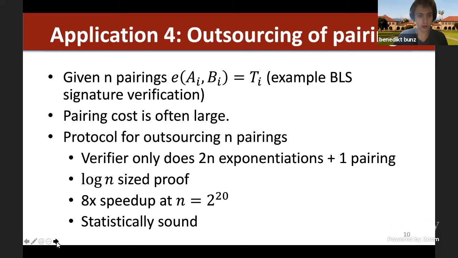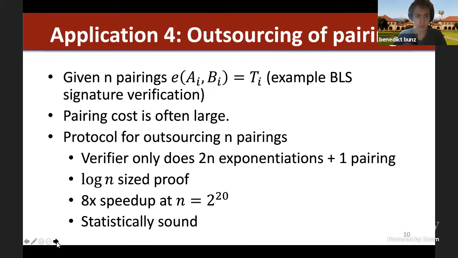So it's a protocol where, say, some verifier has to do n pairings, it can outsource that computation very efficiently to a prover. The verifier still does linear work, but it only does 2n exponentiations. Exponentiations are generally cheaper, and you can use multi-exponentiation.